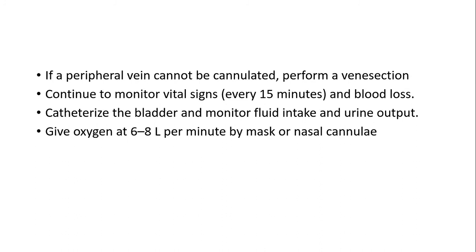If a peripheral vein cannot be cannulated, perform a venesection. Continue to monitor vital signs: blood pressure, pulse, temperature, respiratory rate, and blood loss. Insert an indwelling catheter into the bladder and monitor urine output. Of course, give oxygen by mask or nasal cannula.